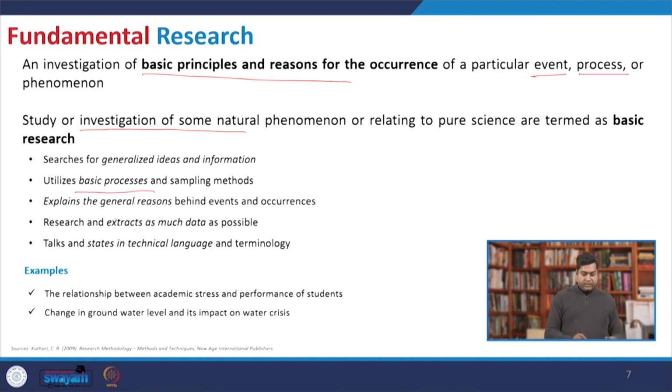It explains the general reasons behind events and occurrences, why it is happening. Research and extract as much data as possible, and try to find out the particular reason. You need to communicate in technical language that these are the new findings in that particular field.